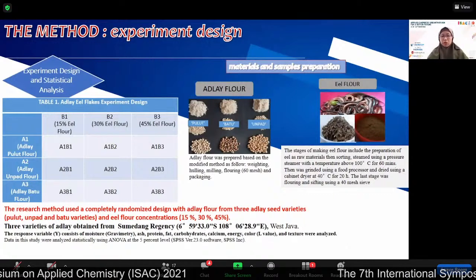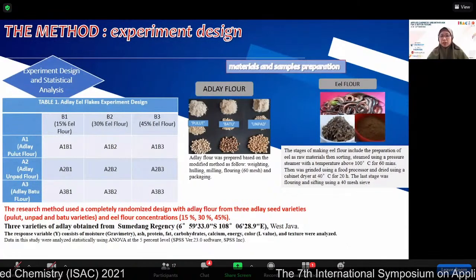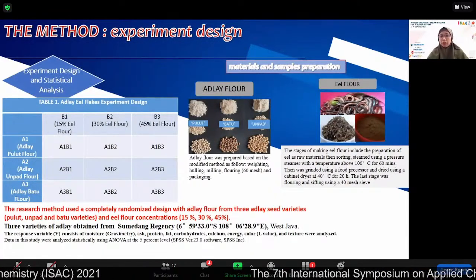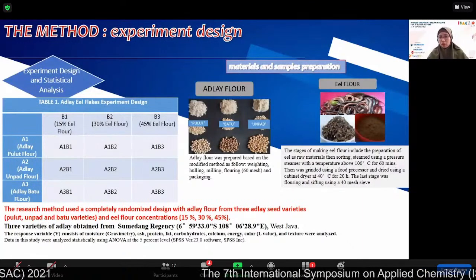Material and sample preparation. Adalah flour was prepared based on a modified method as follows: weighing, hulling, milling, flouring, and packaging. The steps of making eel flour include the preparation of eel as raw material, then sorting, steaming using a pressure steamer, and then grinding using a food processor, and drying using a cabinet dryer.